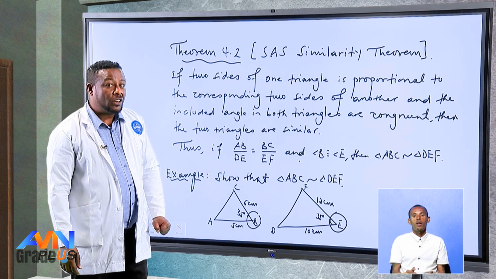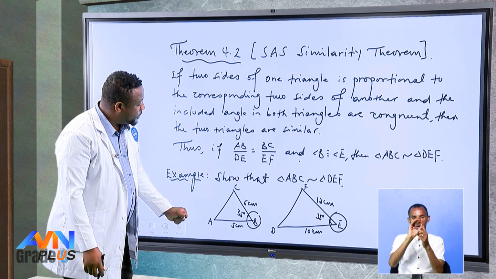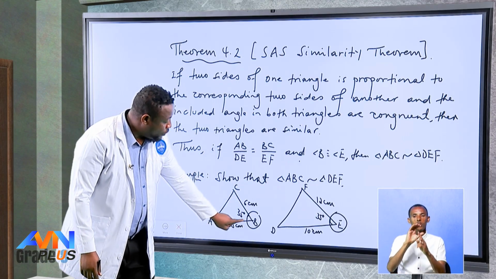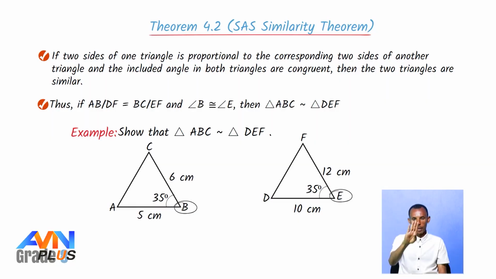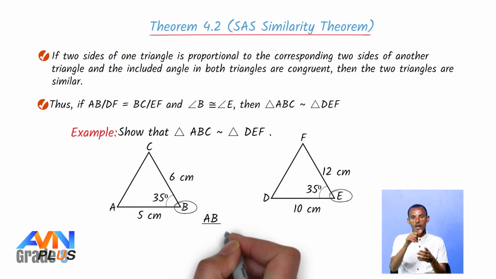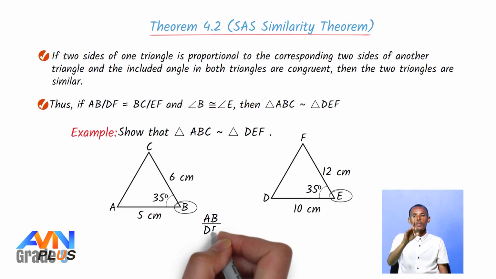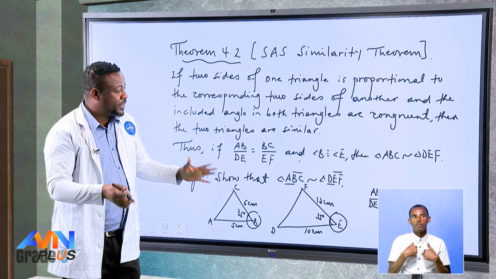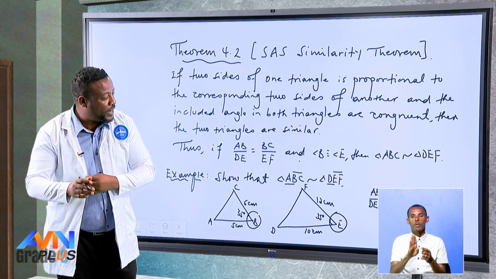So we have one condition. The other condition is the ratio of AB over DE is the same as BC over EF, okay? We need to have this condition fulfilled, right?